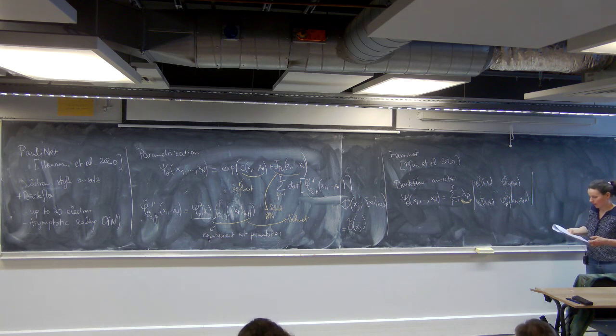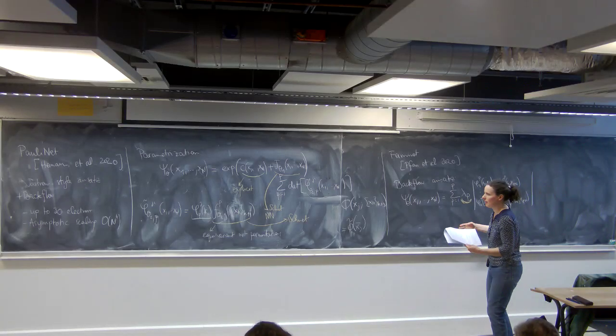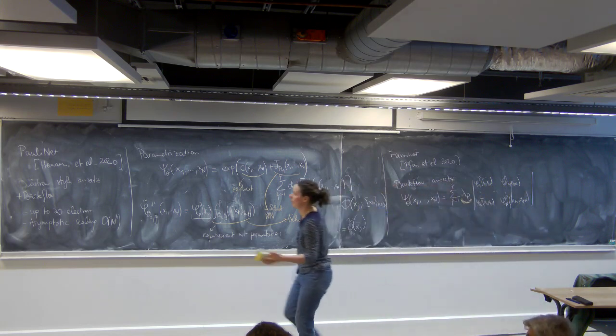The way they do that is basically they define some kind of neural network of some variables, and then they put that in another neural network. So I'll write this down.